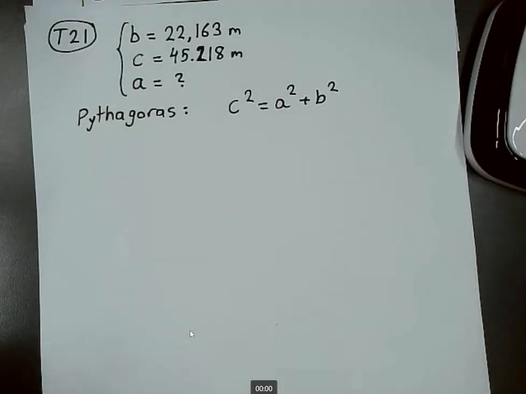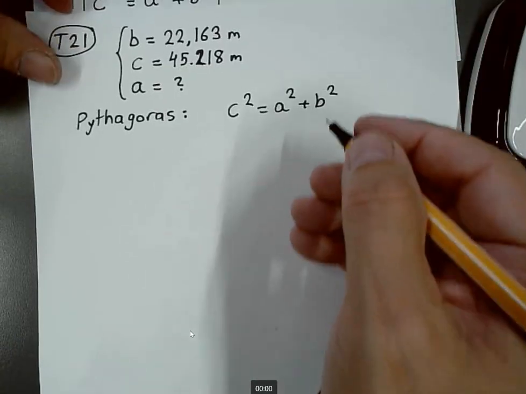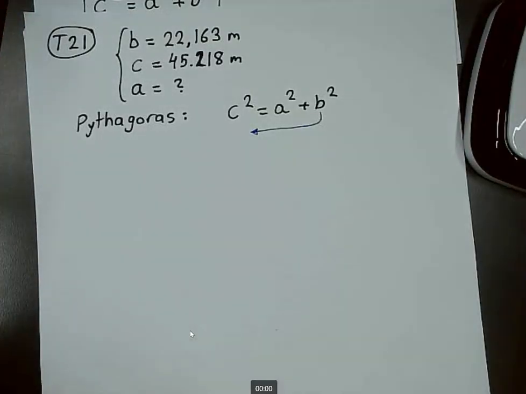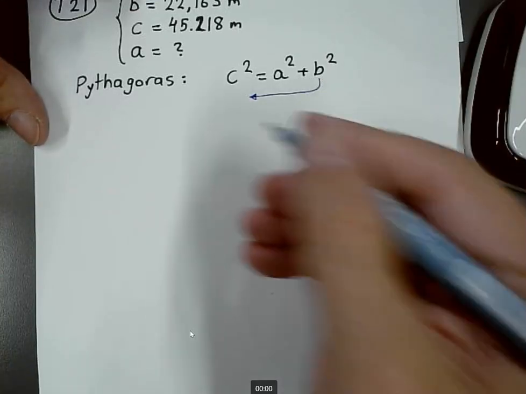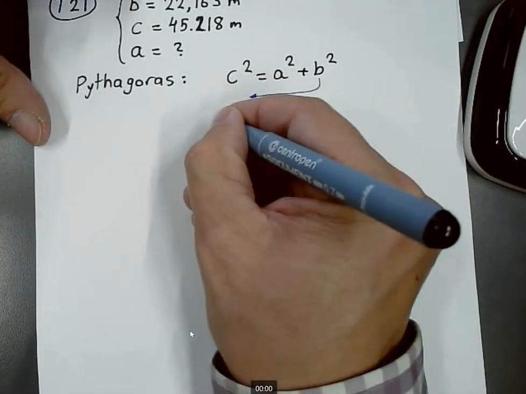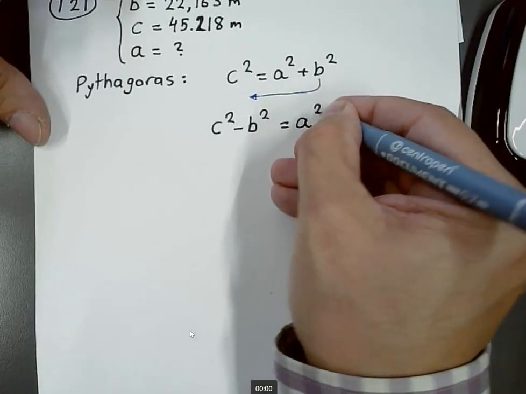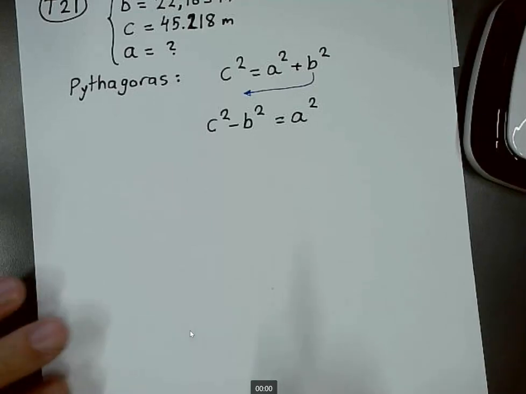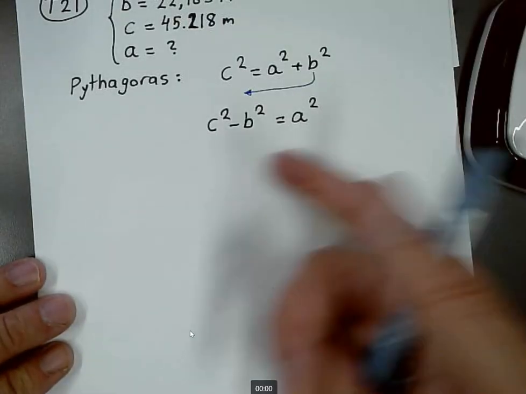So A needs to be solved. We solve this equation just by moving this b squared to the left-hand side. So we change the sign of this b squared, and we get c squared minus b squared equals a squared. And of course, we may read this equation from right to left.